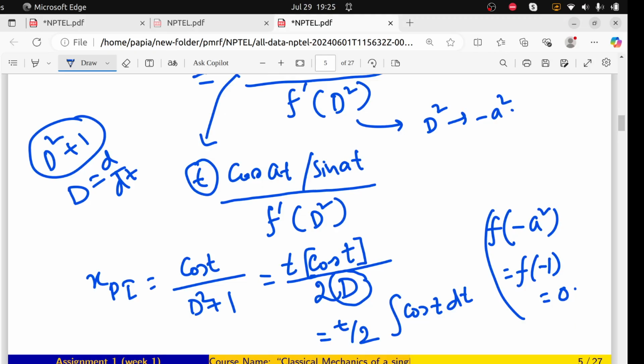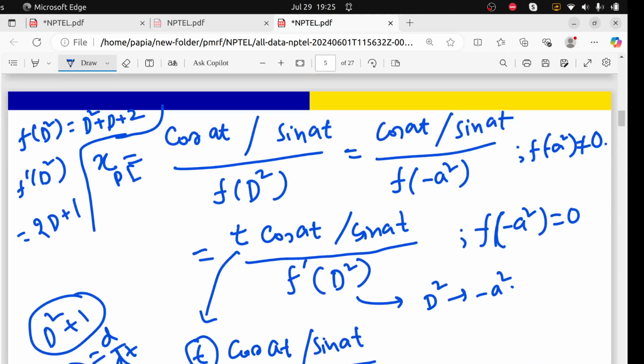But here if I put f of minus a square, then you can see this is minus 1 and this is plus 1, which is coming as 0. So for my case, the first one will not work. The second one will be fine. I have to take the second one because f of minus a square equals to 0.